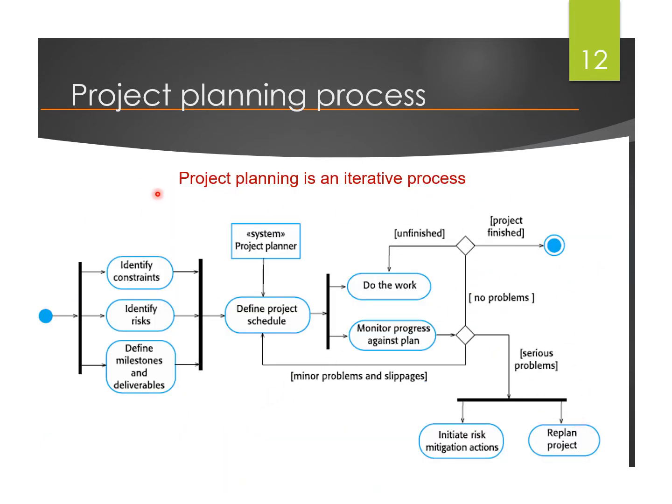So the entire process, the explanation that I've provided just now, can be shown in this activity diagram, where the project manager starts off by identifying the constraints: the time, the budget, how many staff they have, and what the possible risks are that the customer is focusing on.